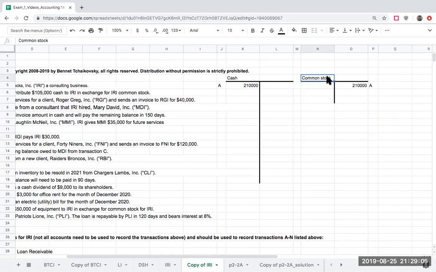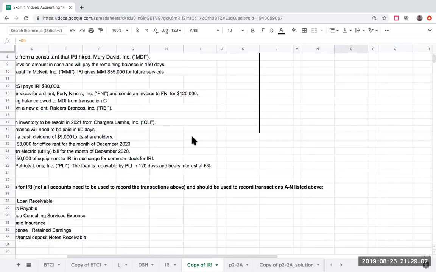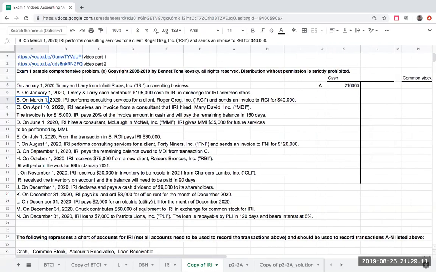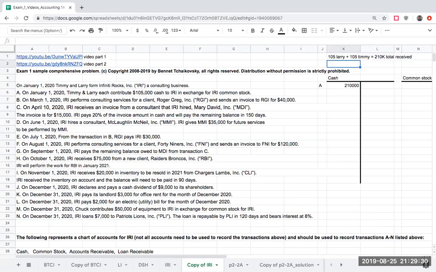We're going to show an increase to equity with a credit, and an increase to cash with a debit. And how did we get 210,000? 105 from Larry plus 105 from Timmy equals 210,000 total. Any questions on that?